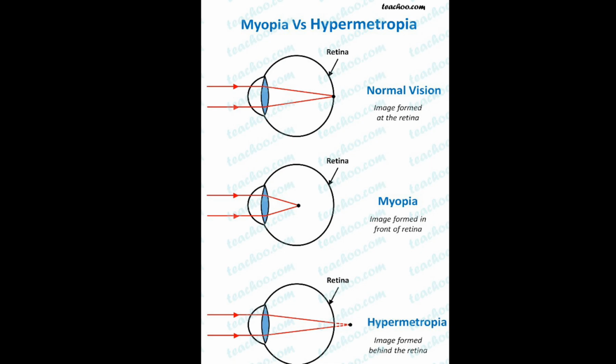While in hypermetropia, the image is formed behind the retina, and hypermetropia is due to small eyes, small axial length of the eyeball. So myopia is long eyes. Myopia is nearsightedness, and hypermetropia is short eyes, and hypermetropia is farsightedness.